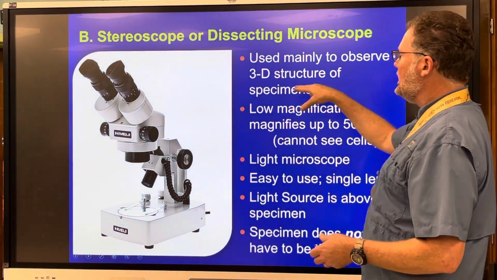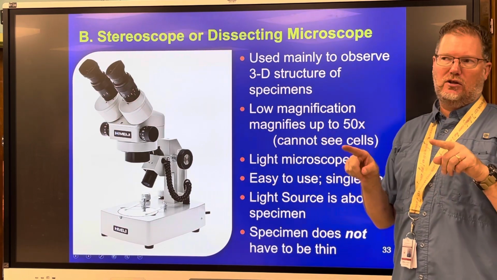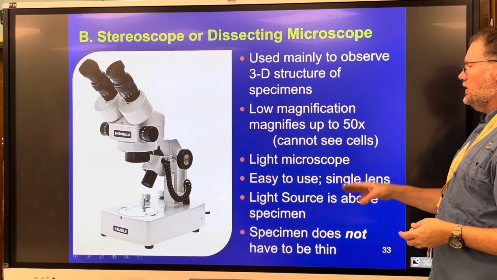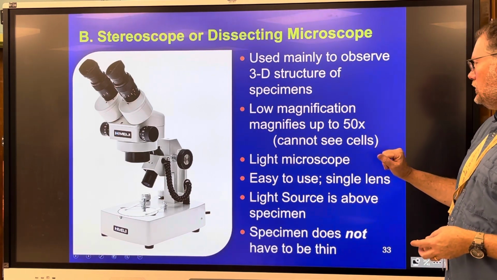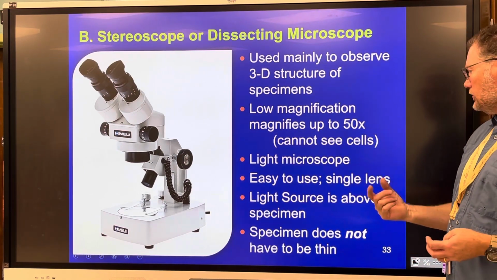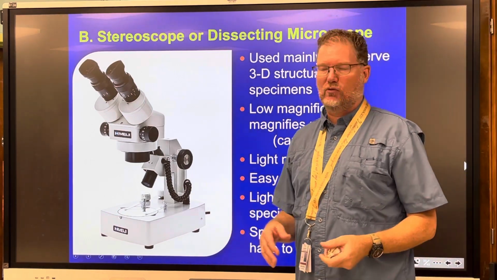So 3D structure of specimens has a lower magnification than the other microscope, the first one, the compound one. Light microscope also. This cannot see cells. Easy to use, single lens, not double lens. Light source this time is above the specimen rather than from below.